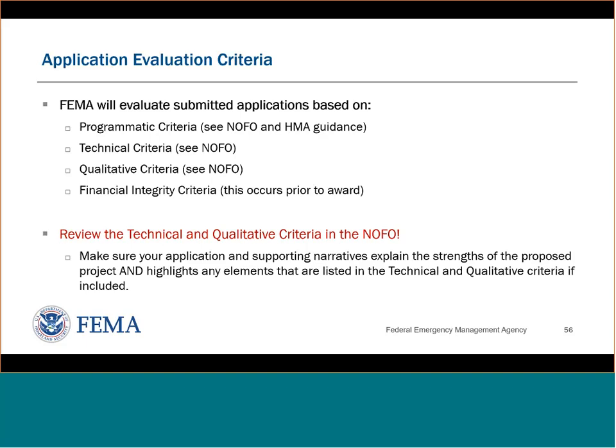You would also be evaluated on financial integrity criteria prior to award, and make sure that your application and supporting narratives explain the strengths of the proposed project and highlight any elements that are listed in the technical and qualitative criteria, if included. Next slide, please.